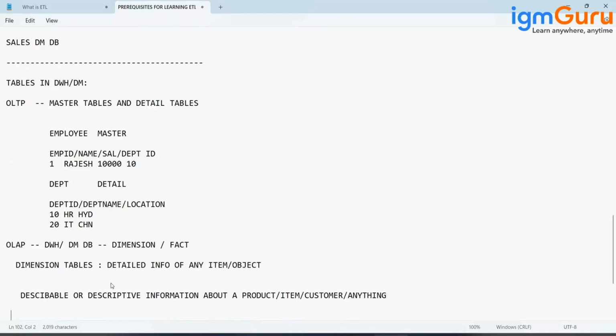If I say product, what kind of descriptive information can I store in my product table?